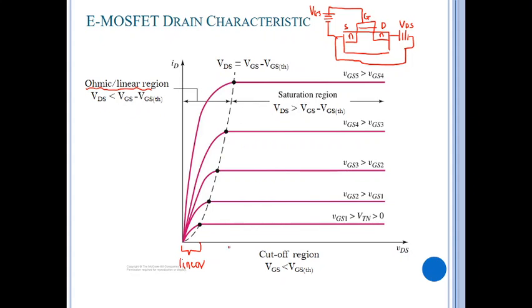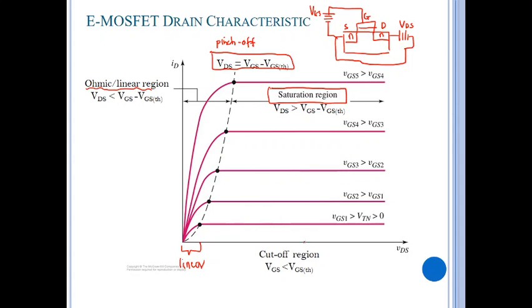But when VDS reaches what we call the saturation point or pinch-off condition, when VDS is equal to VGS minus VTH, the pinch-off occurs and the current starts to saturate. This region is called the saturation region.